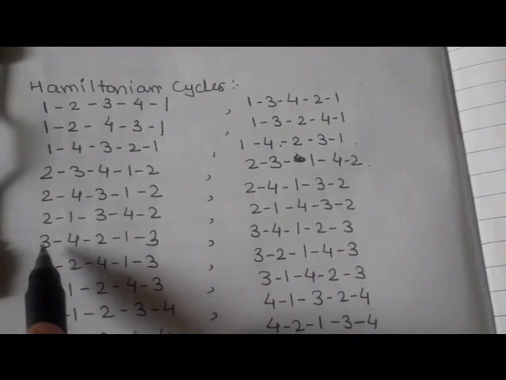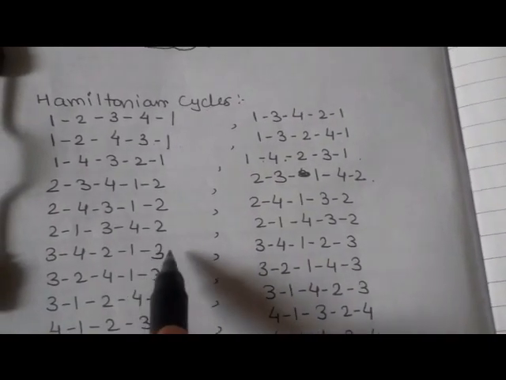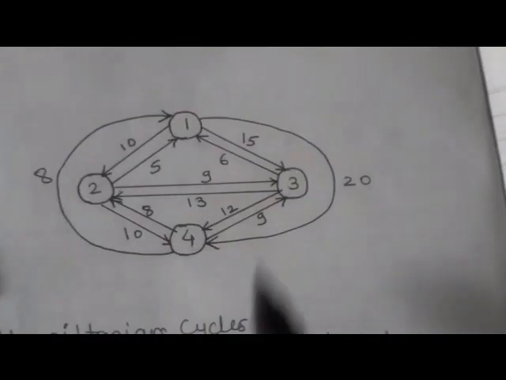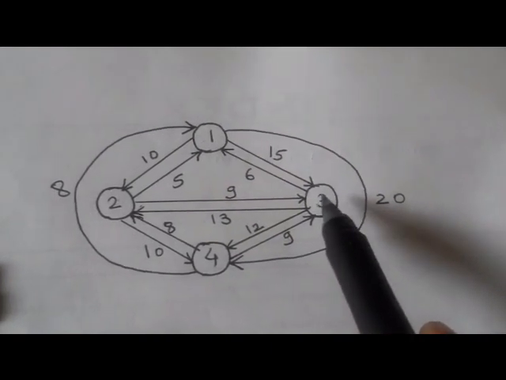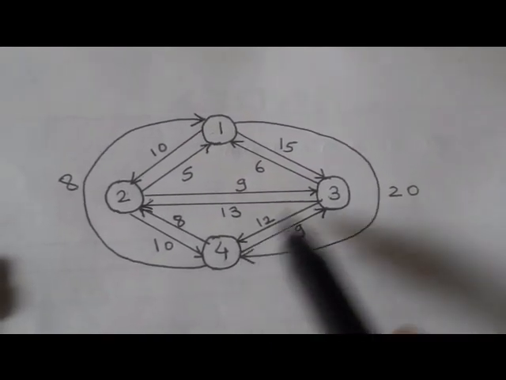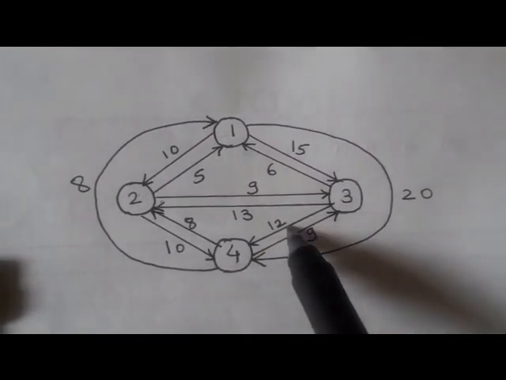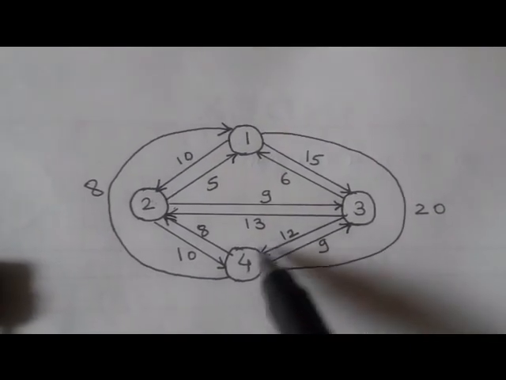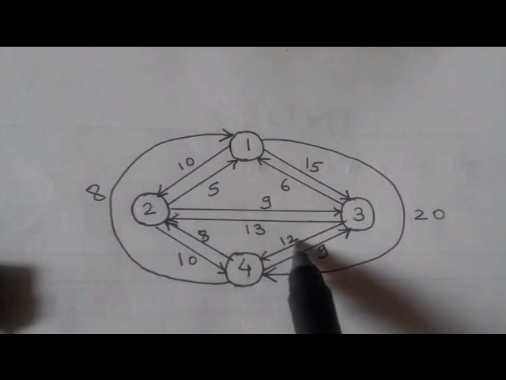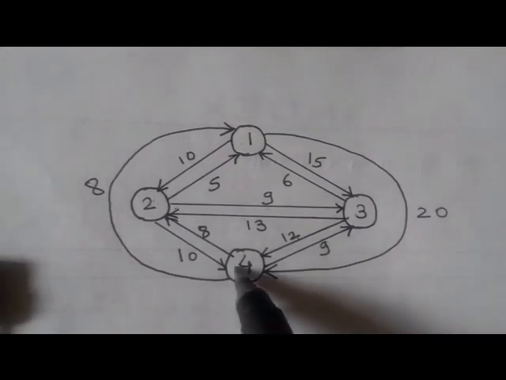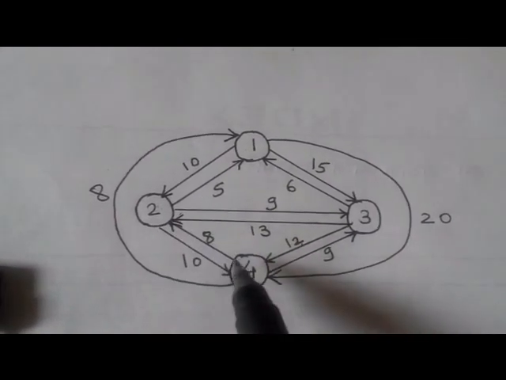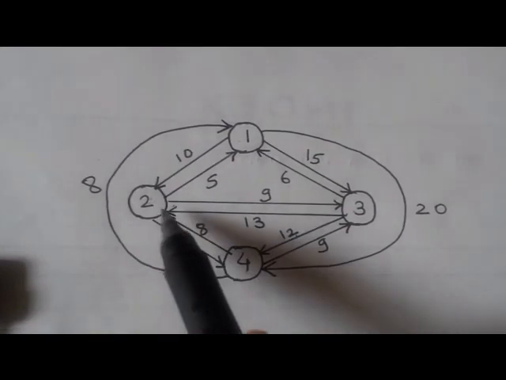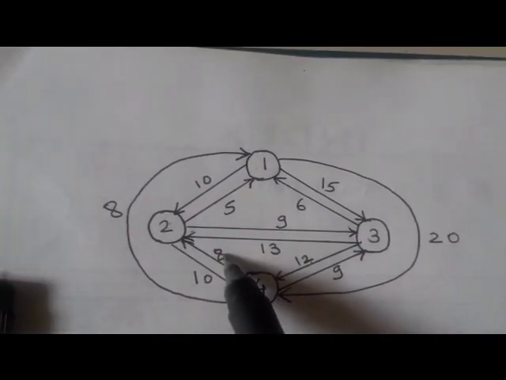The Hamiltonian cycle 3, 4, 2, 1, 3. Now let's see here. We start from vertex 3, 3 to 4. We visit vertex 4 using edge 12. After 4, we visit vertex 2 using the edge 8.